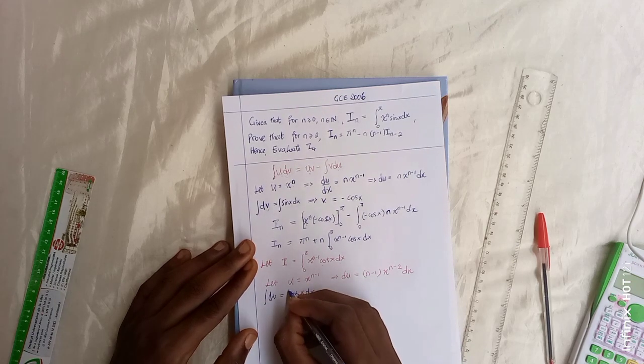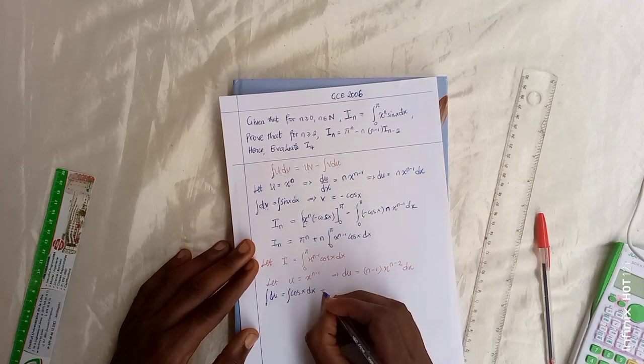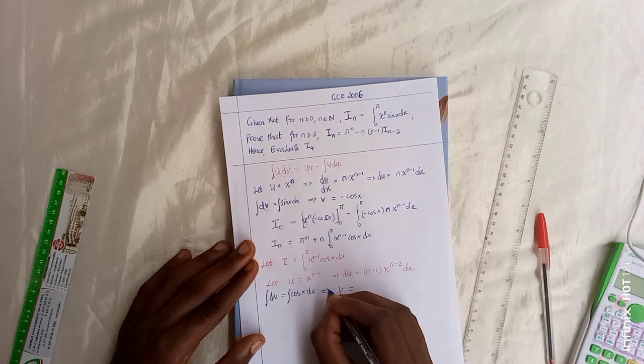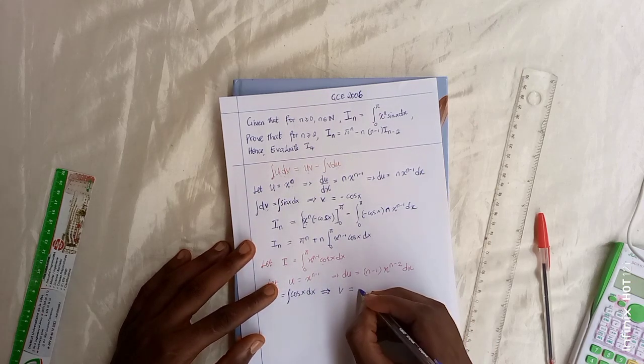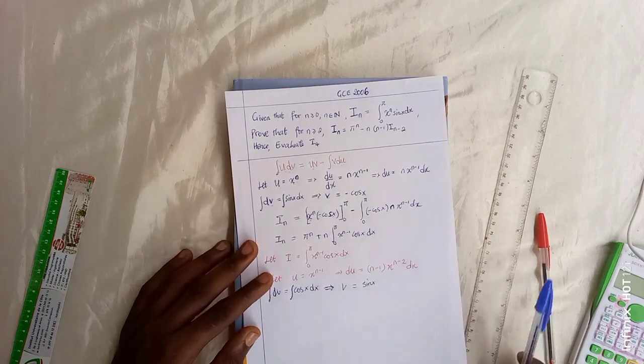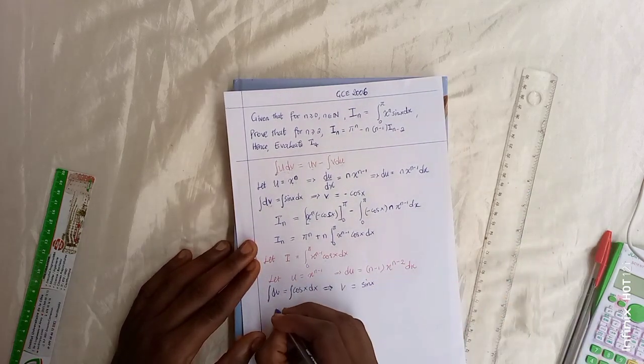After that, we integrate both sides. Integrating, I get v equal to the sine function, since the integral of cosine is sine.